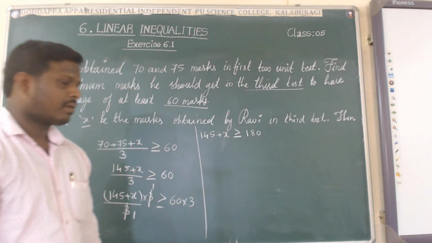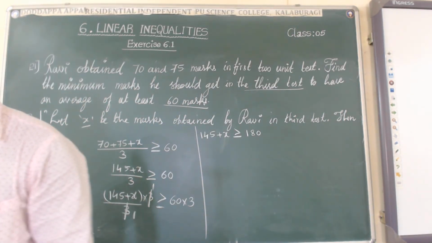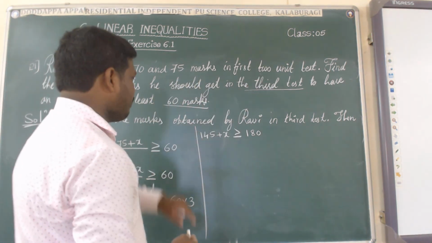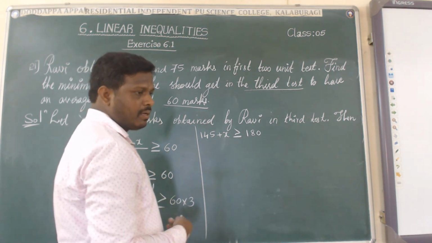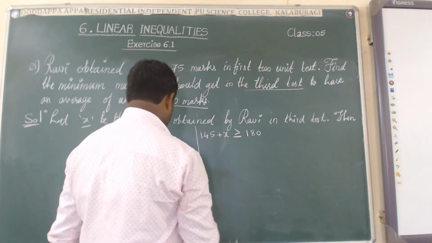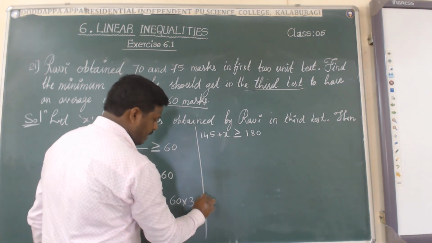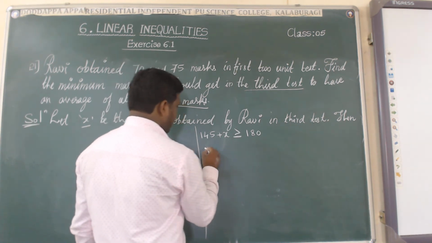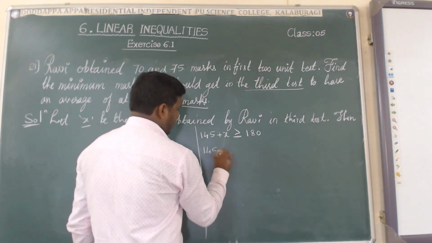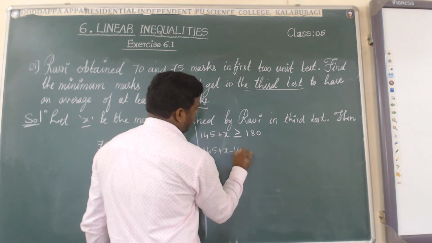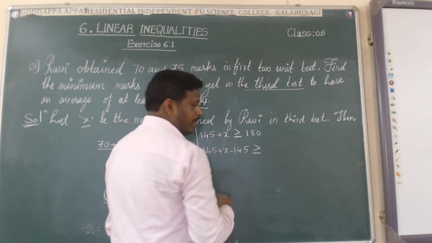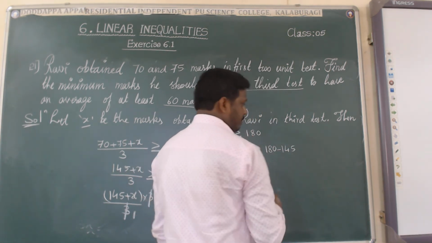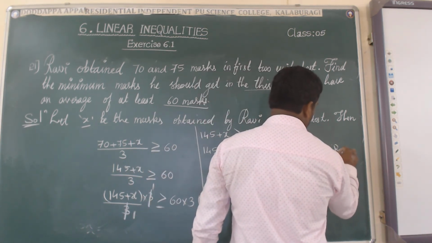In the next step I want to remove the positive 145 from the LHS side. What we do here, subtract both sides by 145, using the second rule. The sum will remain the same here, 180 minus 145, because of the first rule.